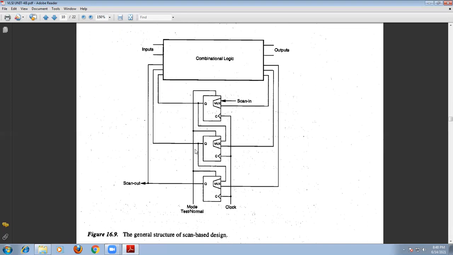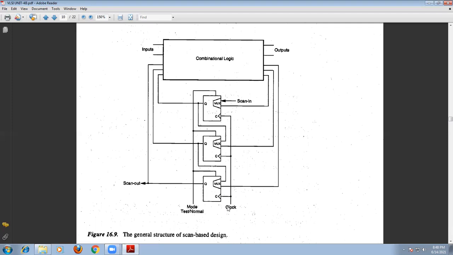Now in this case, the storage cell in the scan design can be implemented by using edge triggered flip-flops, or master slave flip-flops, or level sensitive latches, which are controlled by complementary clock signals in order to eliminate the race problem.